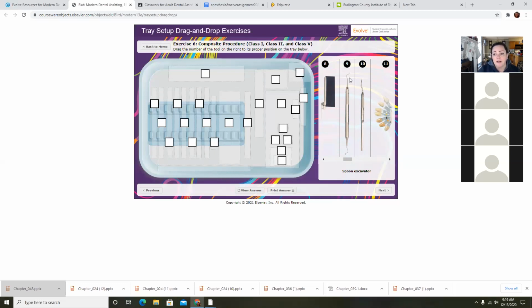So if it's a cavity that has interproximal, then we'll put the matrix band on, right? Yes. And if it's not, then we won't, if it's just an occlusal or buccal or whatever. And then what's the first step in the procedure? Etch. Okay, and what does etch do?